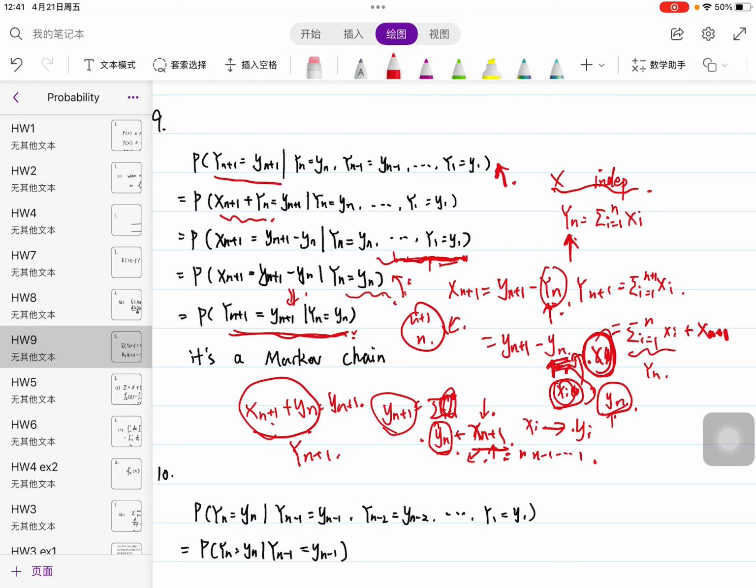And from this expression and the first expression, we could see that it is a Markov chain's characteristic, and then we could conclude that the random variable Y is a Markov chain. This process is a Markov chain. Yeah, I think it's enough for this question.